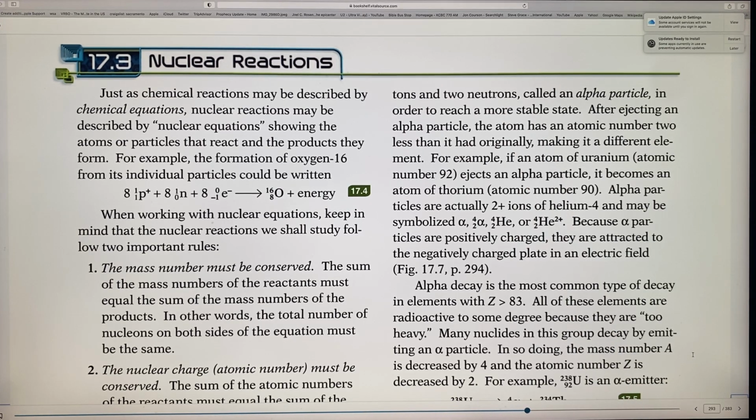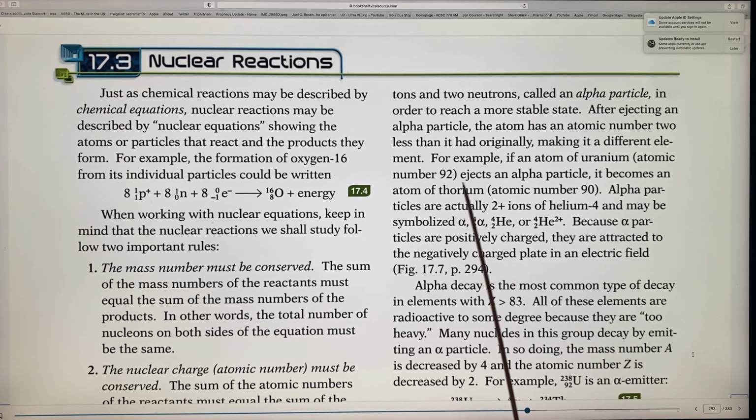That's 4 particles it's getting rid of from the nucleus, 2 and 2. 2 of them are the atomic number, which are positive, and 2 of them are neutral. So, for example, if an atom of uranium ejects an alpha particle, it becomes an atom of thorium with atomic number 90.